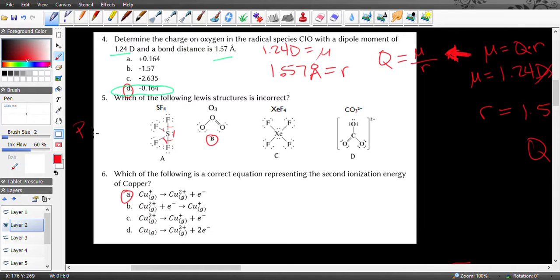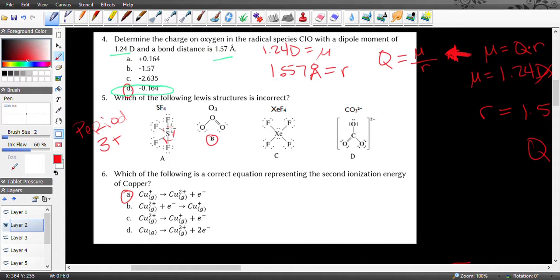Remember, period 3 and plus can do an expanded octet, meaning that it can hold more than 8 electrons. So we have 10 in this case, so that's fine for now.